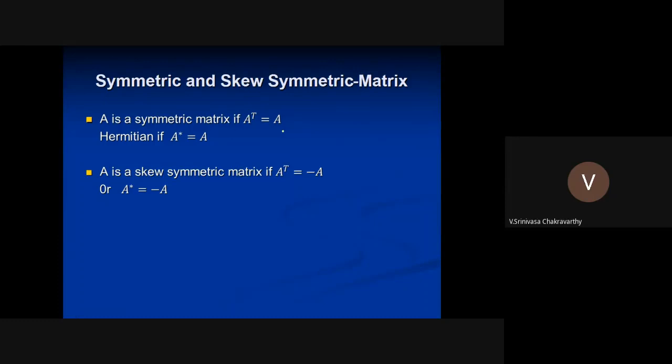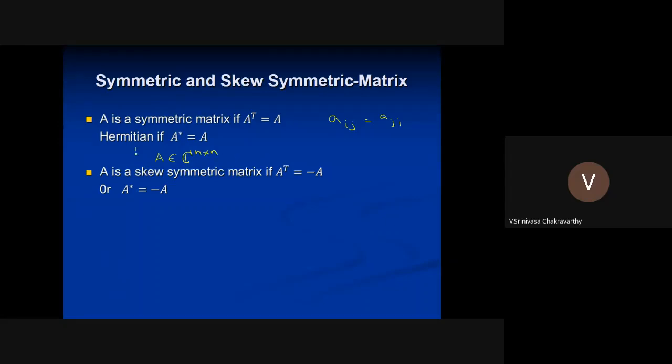So let's look at some properties of symmetric matrices. A matrix is called a symmetric matrix if A transpose is equal to A. So you know this. That is when Aij is equal to Aji. And there's a more general case, called Hermitian, where the elements of the matrix are complex, that is, A is a complex matrix.